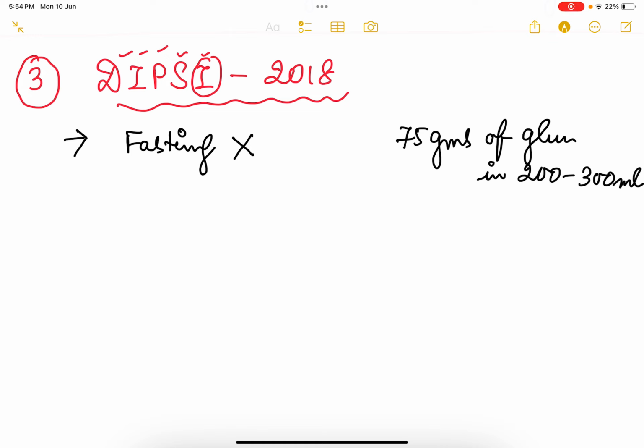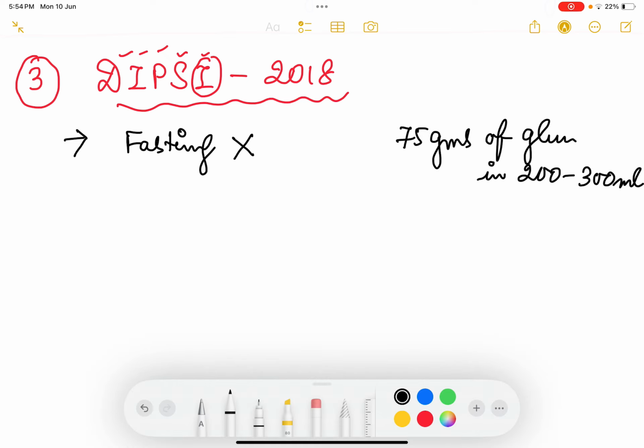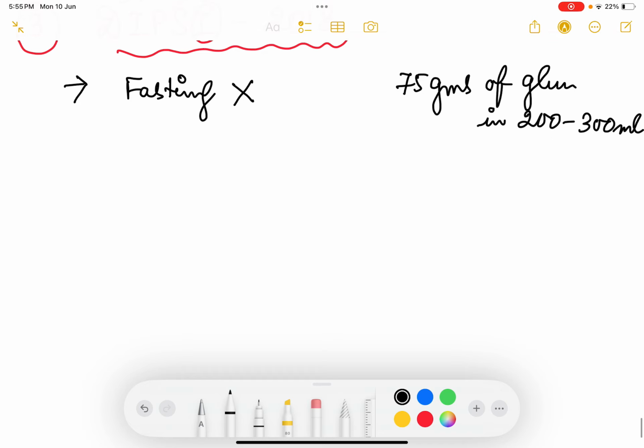But the difference is that the mother will not come fasting, whereas in IADPSG the patient used to come fasting. So 75 grams of glucose is given to the mother irrespective of fasting status, and then you take only one blood sample, which is done after 2 hours. 2 hours बाद एक sample कराना होता है.